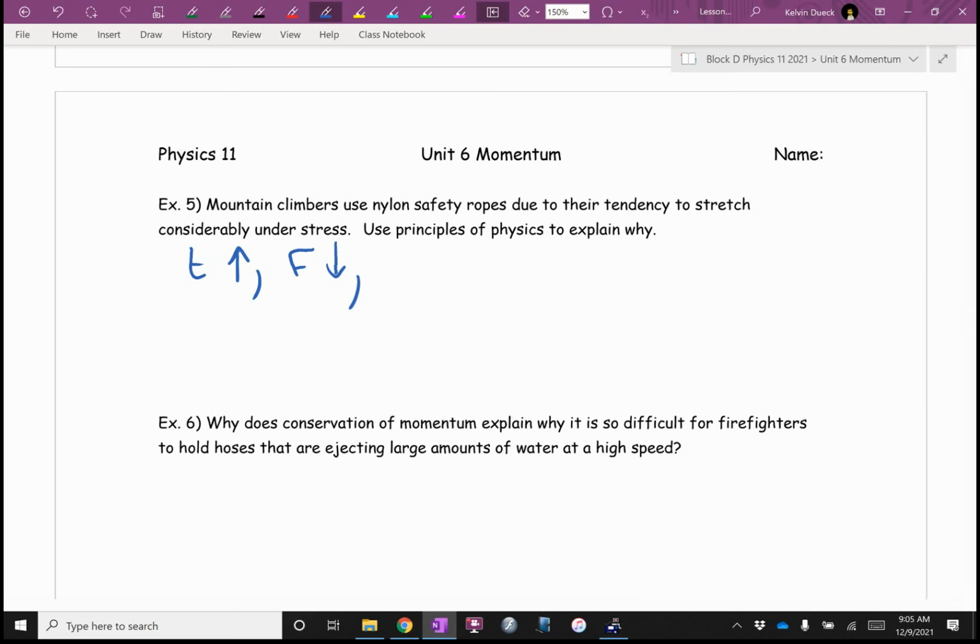F equals what? Does it make the mass smaller? No. This goes back to what you said a couple of days ago. What does damage? Okay. There are situations where you might want a rigid rope, but not for a safety rope if you're a climber. You want one that has some flex to it.